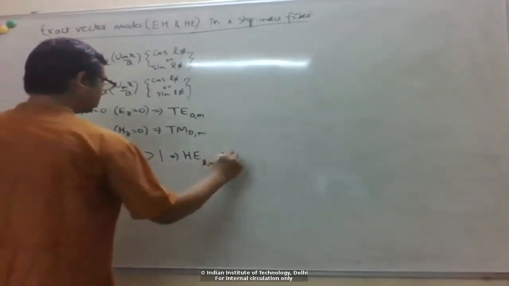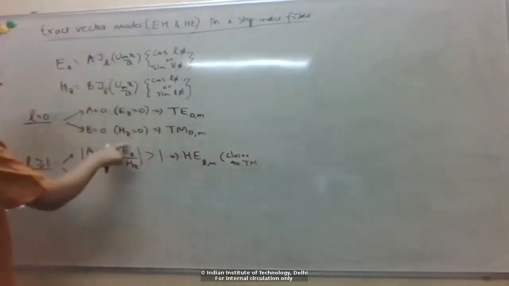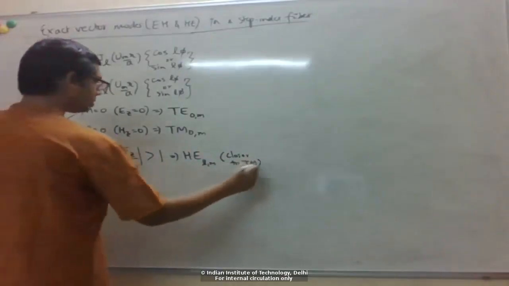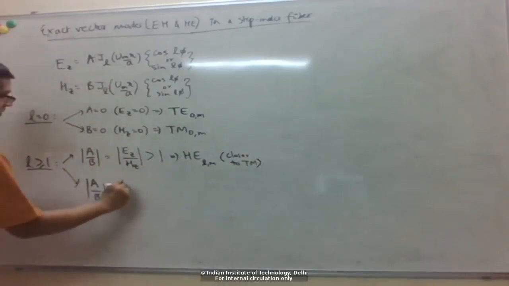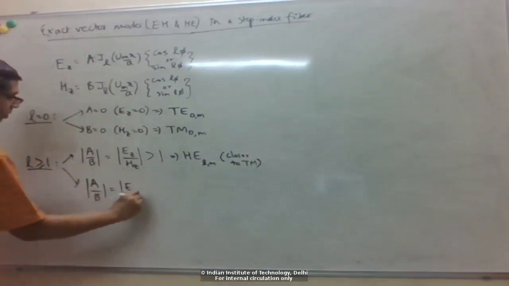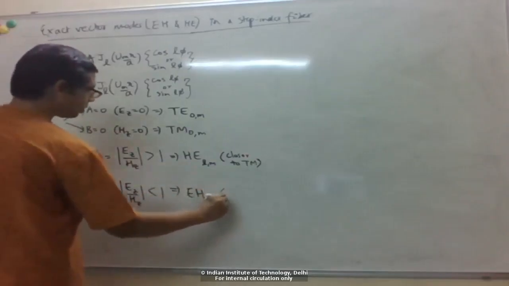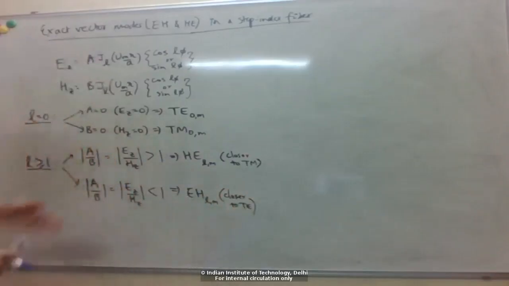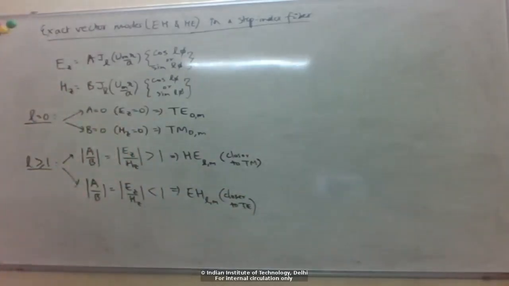This is closer to a TM mode because the longitudinal part of the electric field is stronger compared to the magnetic field. And then the other case will be EH, which is closer to a TE mode, but not purely TE or TM. Only for L equal to 0 are the modes purely TE or TM.